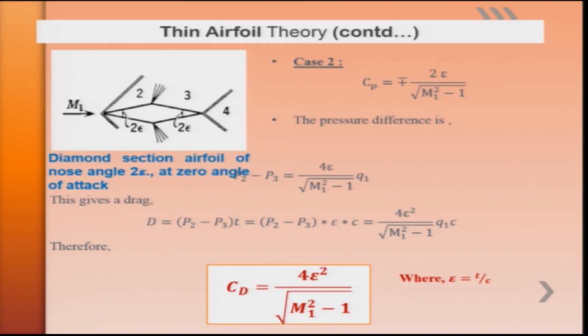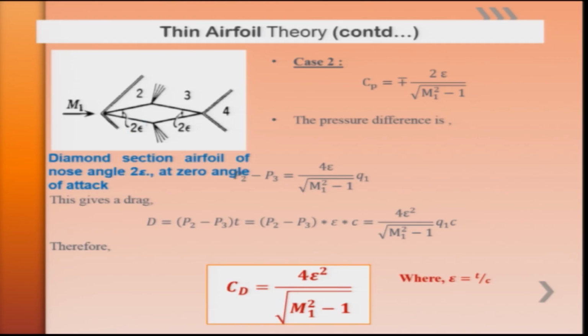Now, the second case we have discussed is the diamond airfoil. Consider that this is a thin diamond airfoil. That means all these inclinations, that is 2 epsilon here, are also small, and in this case we are considering the angle of attack as 0.